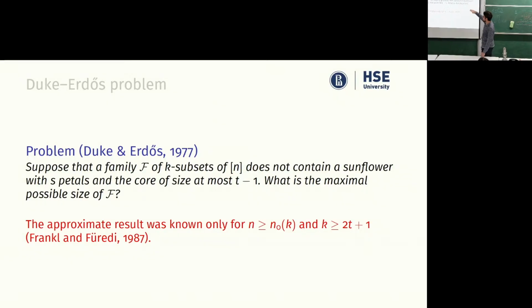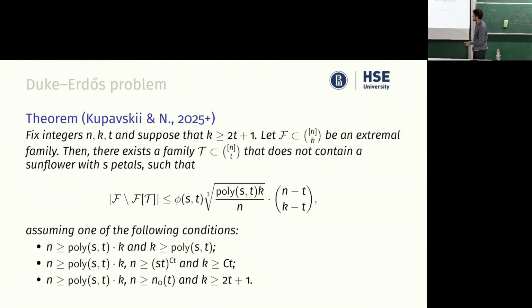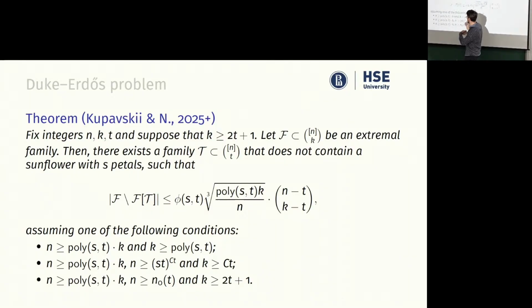Similarly for the Duke-Erdős problem, you could obtain different regimes and solve it assuming different conditions on n and k. For example, we could prove a first level approximation of an extremal family if n is larger than a polynomial of s and t times k, and k is larger than a polynomial of s and t.